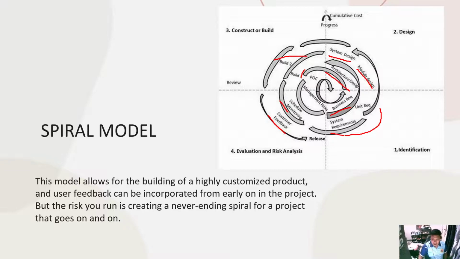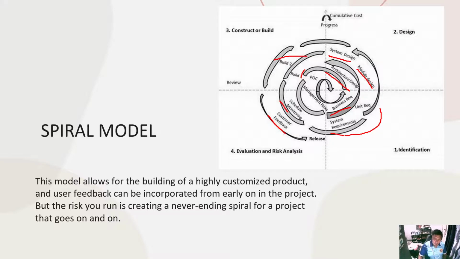Okay, but this is one of the most flexible SDLC methodologies. The spiral model takes the cue from the iterative model and its repetition. The project passes through four phases over and over in a spiral until completed, allowing for multiple rounds of refinement.